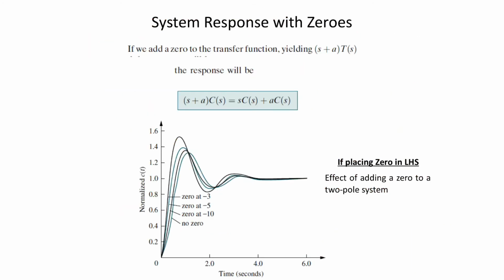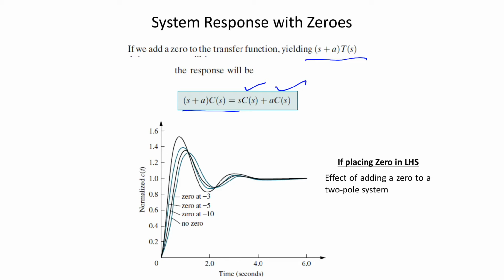Now, looking at it differently, we can explain it like this. If we add a zero to the transfer function, yielding (s+a)C(s), it is simply the multiplication of the transfer function by (s+a). It can be divided into two parts, sC(s) and aC(s).